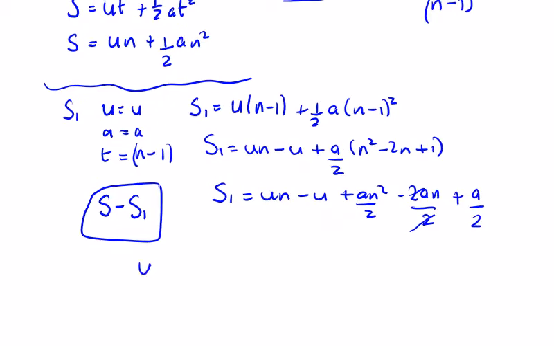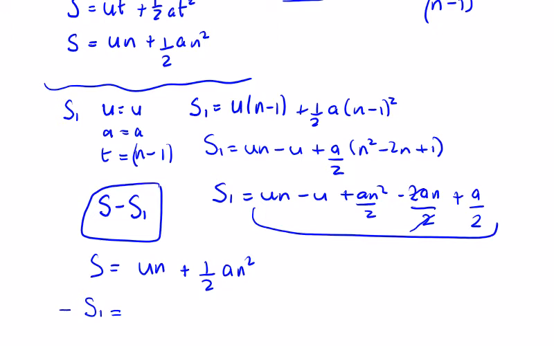So s, we're going to have un plus half an squared, that's s, and we have to have minus s1, so it's going to be minus all of these, so minus un. Have we a half an squared? We do. So I've taken in this one and this one, minus a half an squared.